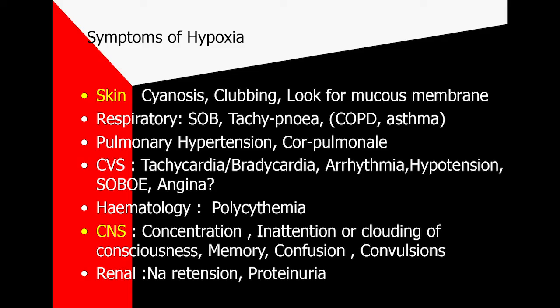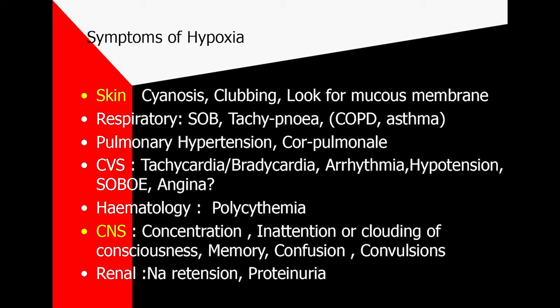And then signs. Wheeze, okay. It's all over the place, but we'll go through it systematically. People become cyanosed when they are hypoxic. They do have clubbing, those with congenital heart disease. And look at the mucous membranes mainly.